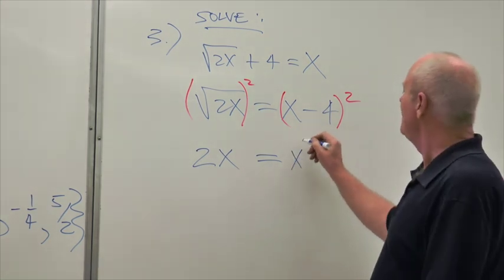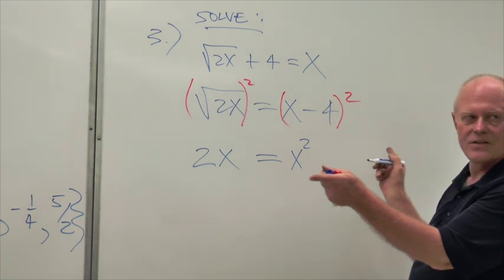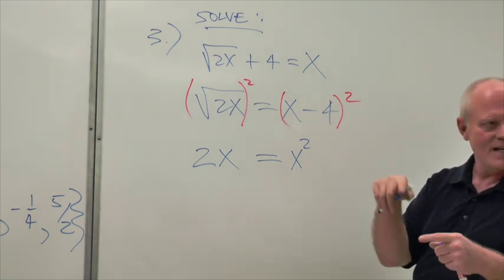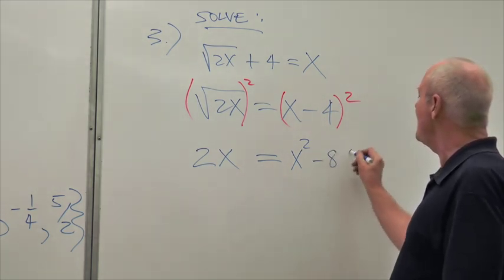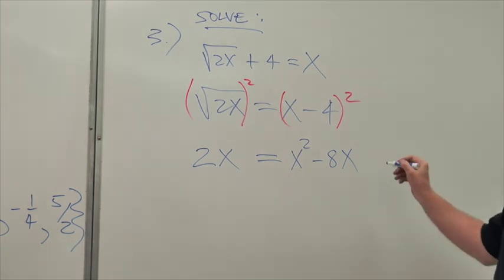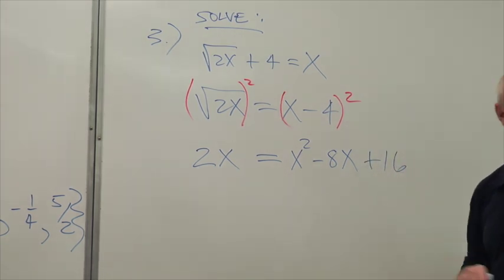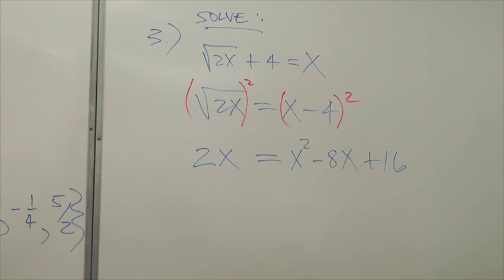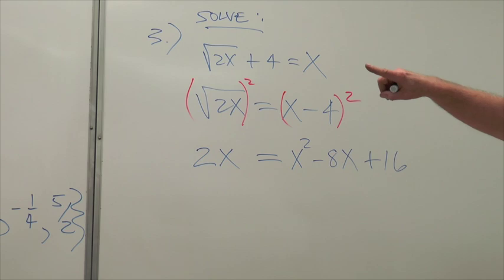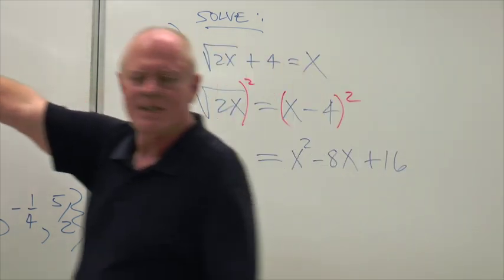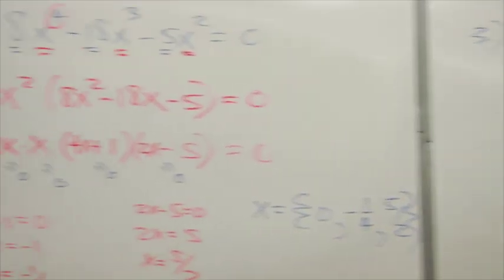So what do we got? x squared. Outside is negative 4x, inside is negative 4x, that's negative 8x when you add them together, and plus 16. Good? Okay, it's the same binomial, so you're multiplying it by itself. All right, now what? What's it starting to look like? Quadratic.